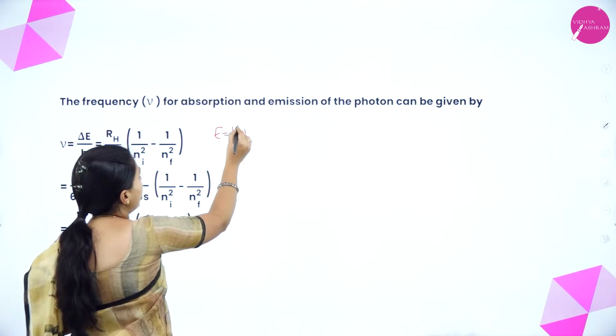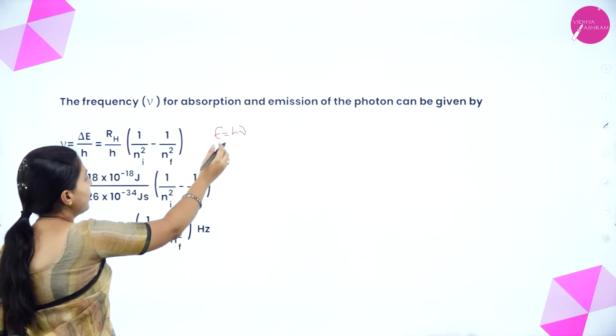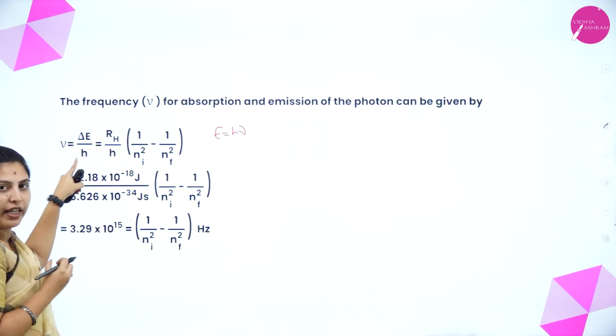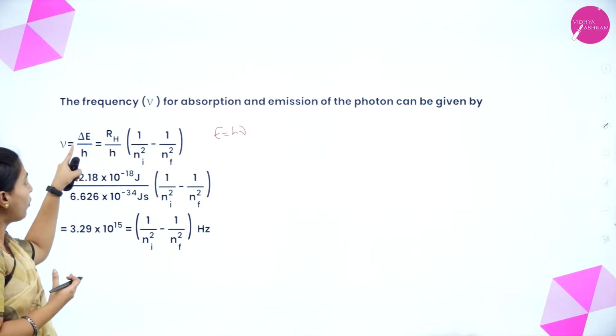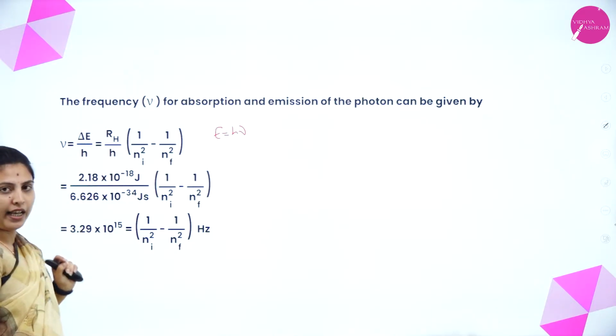We know E equals h nu, the common formula, and we take nu out because we have to find the frequency. So nu equals delta E by h, that is E2 minus E1.